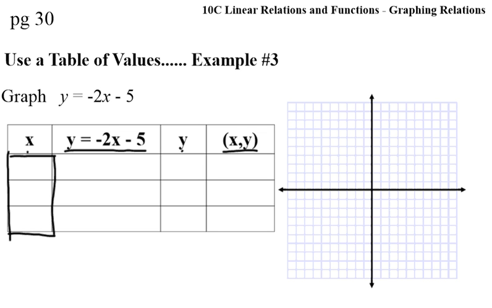Now, on page 30, number 3, it actually does give us 3 points. You only need 2, but 3 confirms things. So in that case, it gives us values to use for x: -2, 0, and 2.